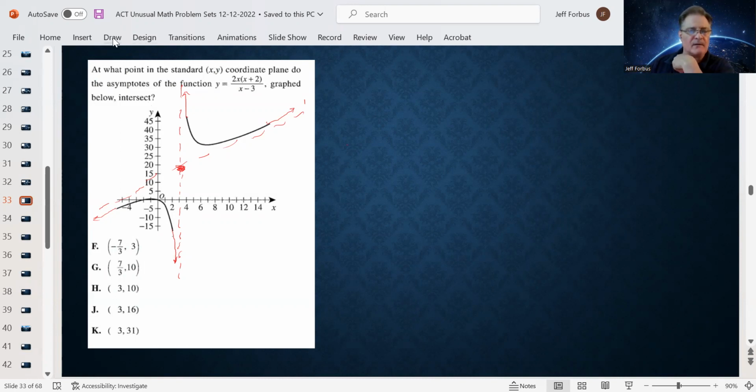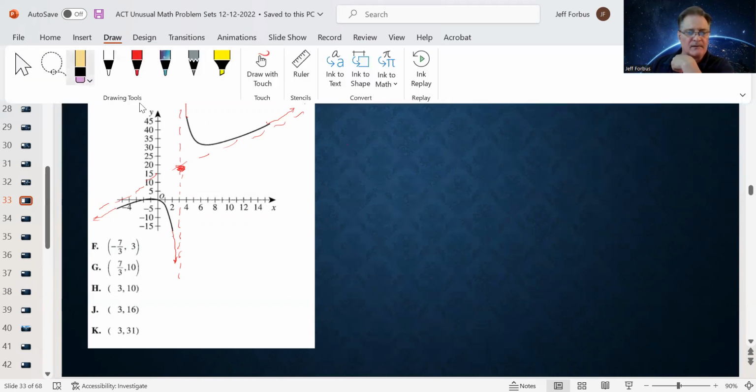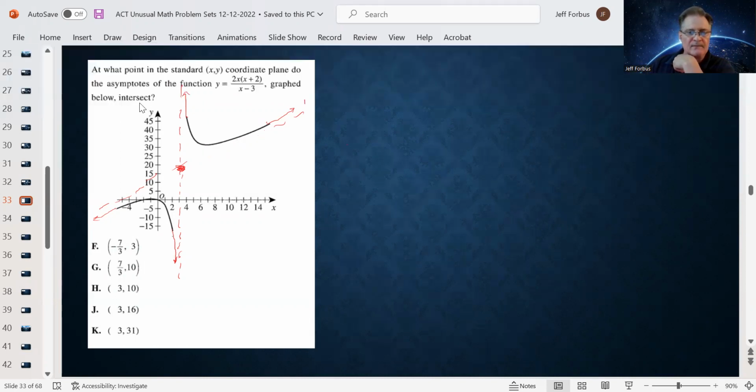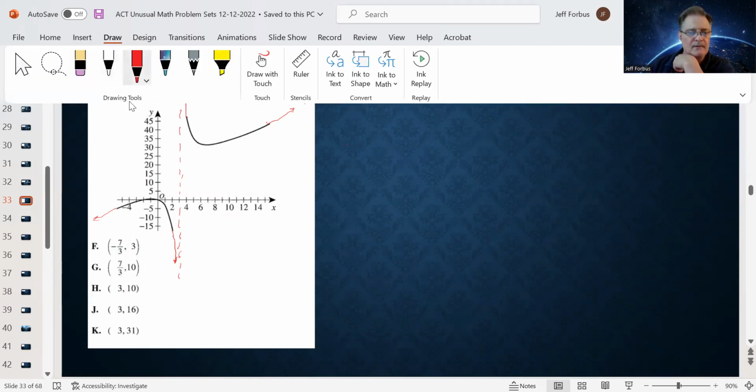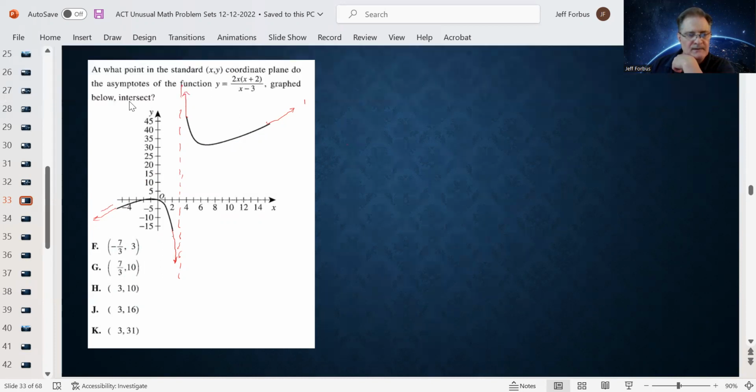So let me go back here and get rid of this line for a second. Just bear with me. I needed to start closer. Let me get rid of that dot. Red. Okay, so I'm right here, and I'm going to go the best that I can. Somewhere around that. Now, they're crossing right about here.